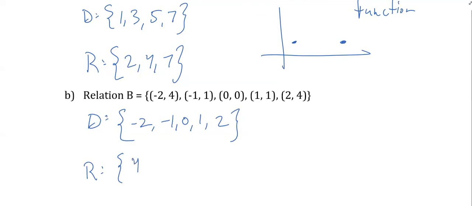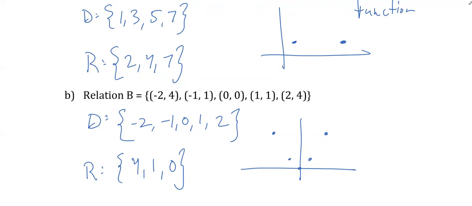So I've got a 4, I've got a 1, I've got a 0, and then I've got a 1 and a 4 again, so I don't need those. So again, what does that look like? It looks like -2, 4, -1, 1, 0, 0, 1, 1, and 2, 4. That's like a parabola, and that's fine. It's fine if the y values repeat. So this is still a function.